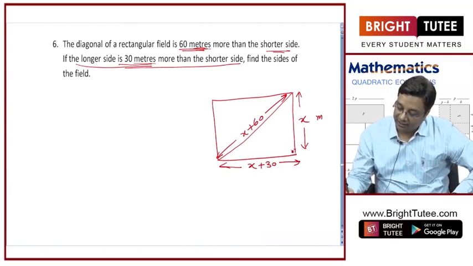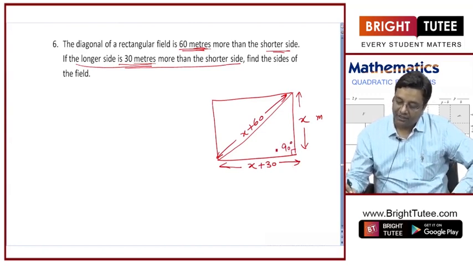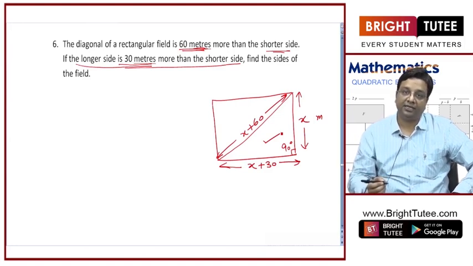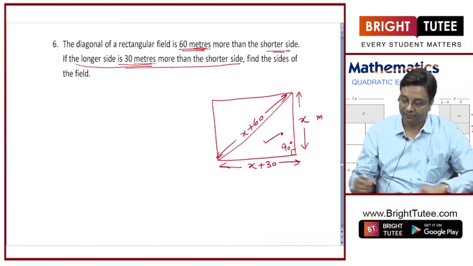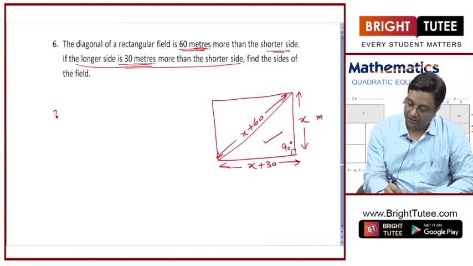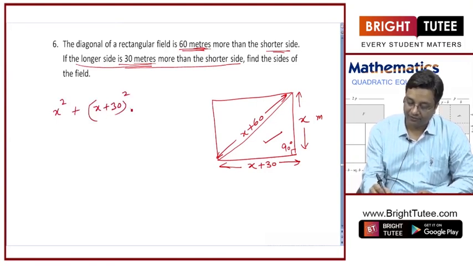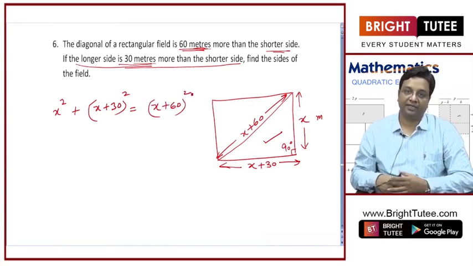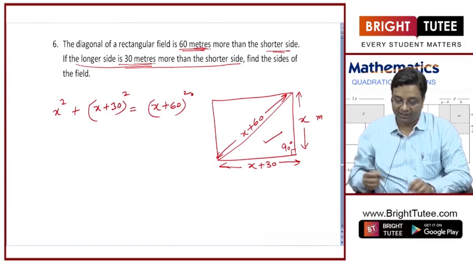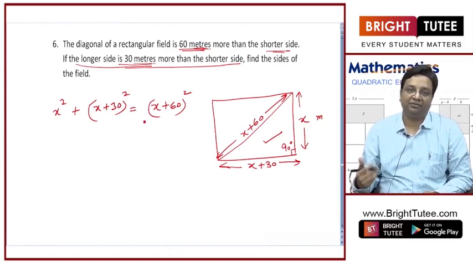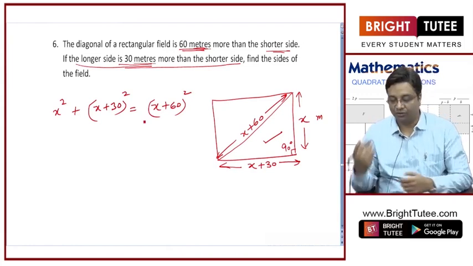Okay. So in a rectangle this angle is 90 degrees. If you consider this triangle, we can apply Pythagoras theorem here. So x square plus (x plus 30) square will be equal to (x plus 60) squared, right. Now after solving this expression, we will be left with a quadratic equation which we need to solve.